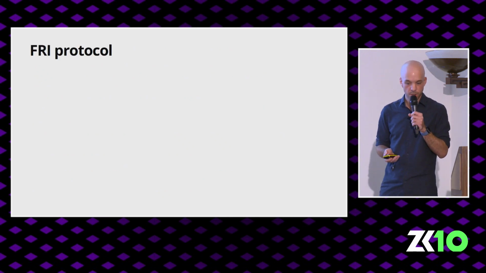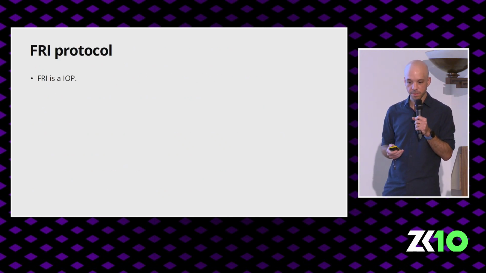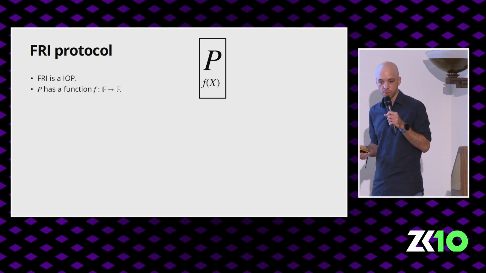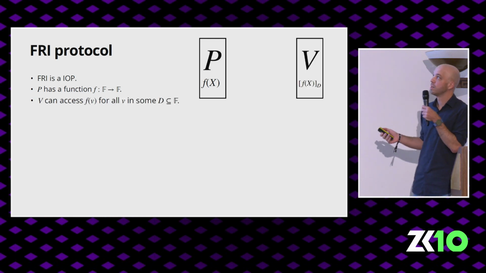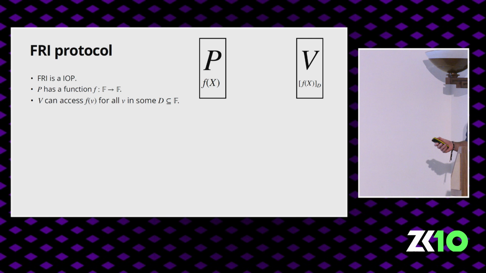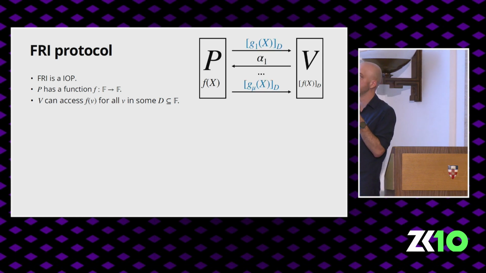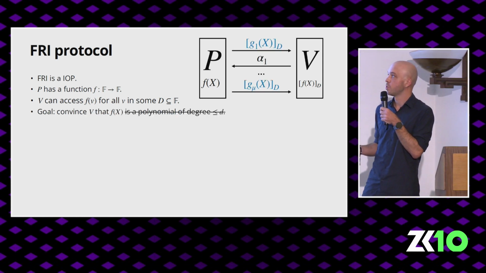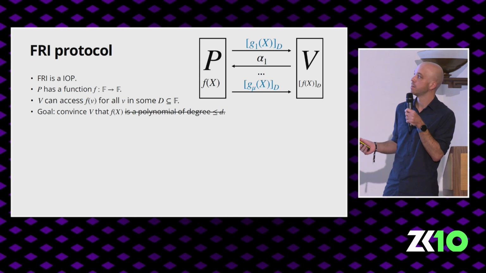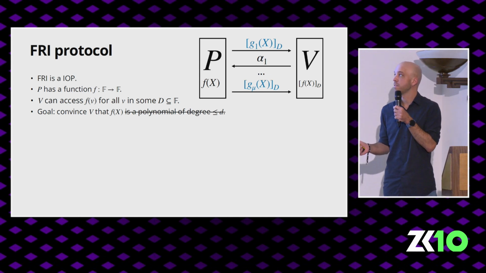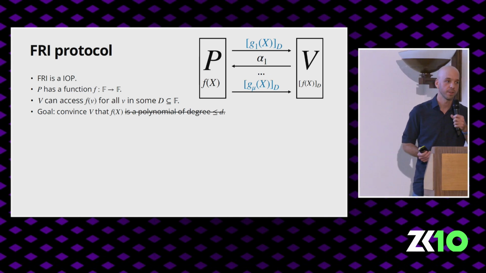Okay, so now let's discuss FRI. Just to set things up, in FRI the prover has a function in a field, and the verifier can access the values of the function in some subset of the field. And the goal of the prover is to convince the verifier that f, the function, is a polynomial of low degree.